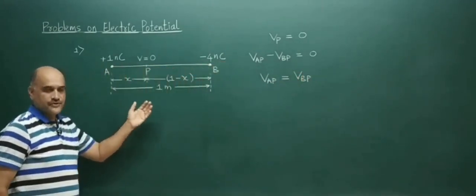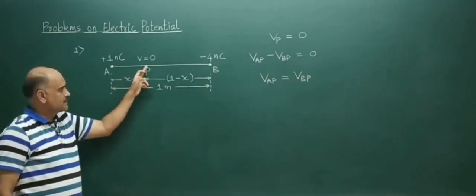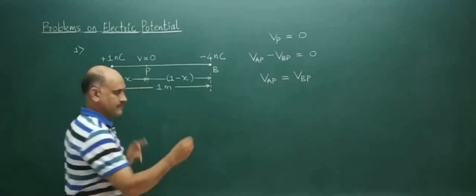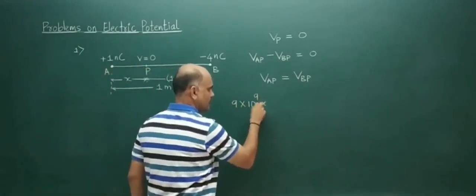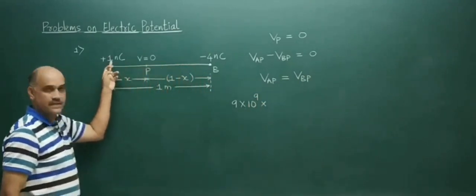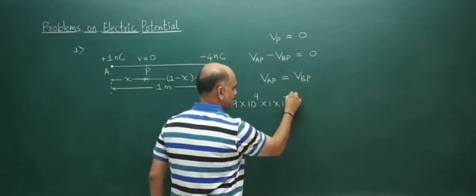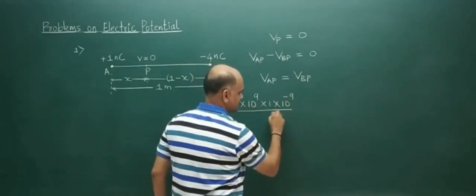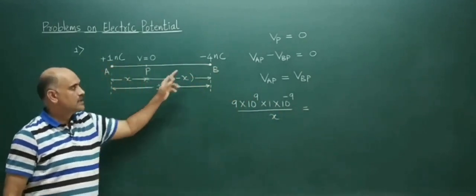Now I will substitute the values. Potential at point P due to A: 9 into 10 raised to 9 into Q, charge is 1 nanocoulomb, 1 into 10 raised to minus 9, divided by distance x.